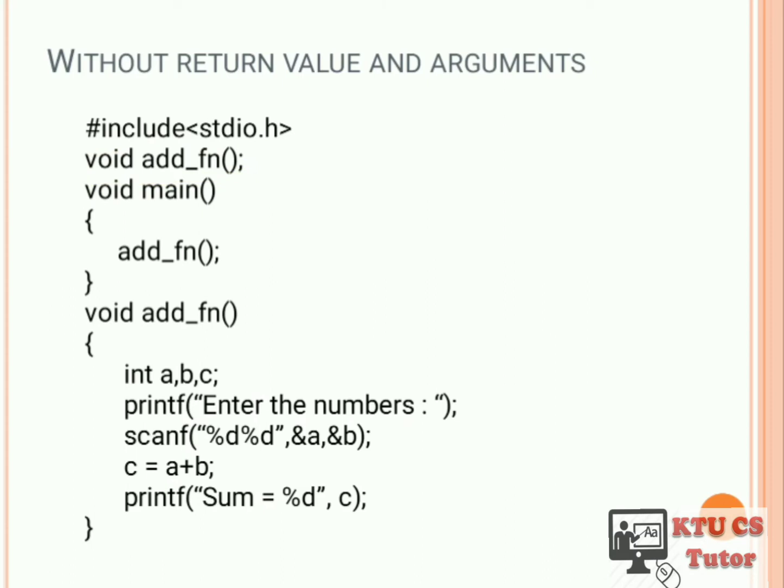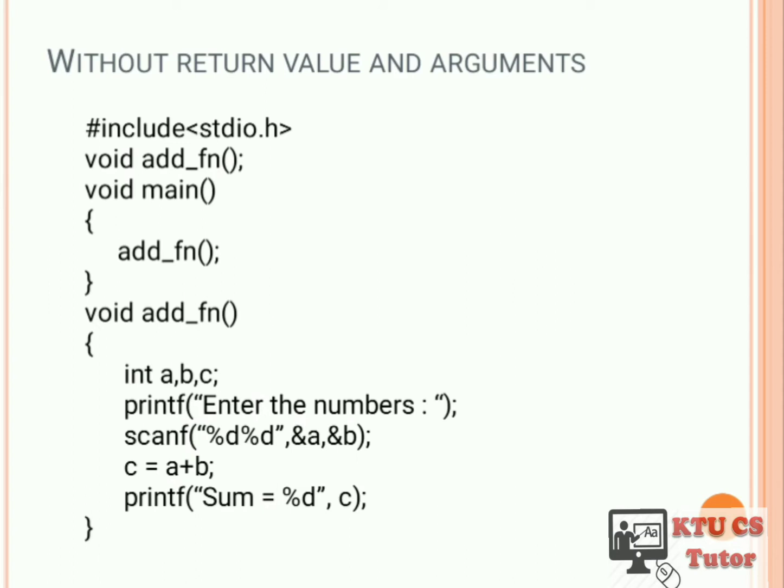Okay, then, as already said, we are not giving any values into the function, but the function has to add two numbers and display what? The sum. At the same time the function is not returning any value to the main function also, so the sum should be displayed inside the function itself.